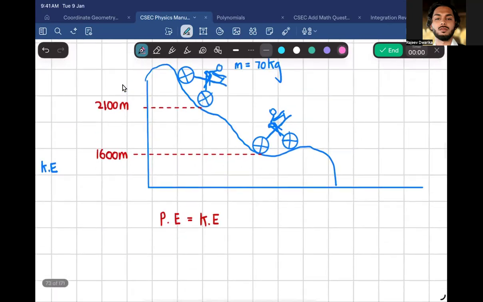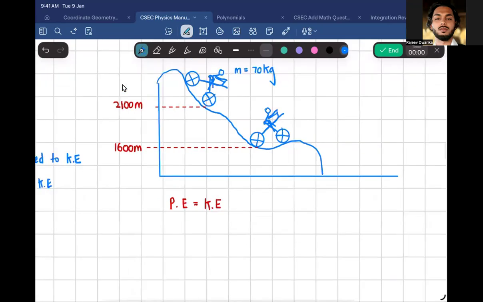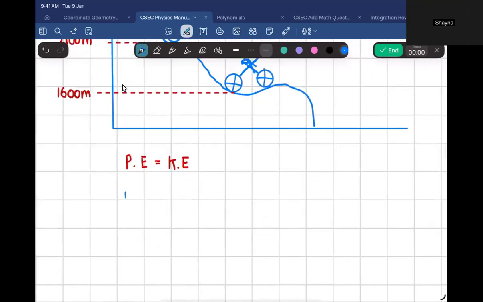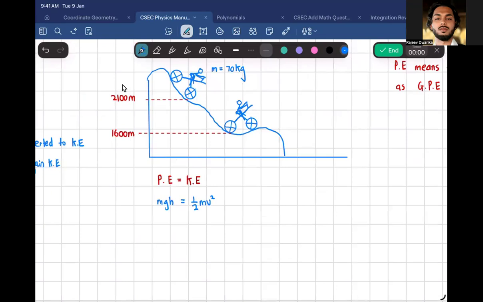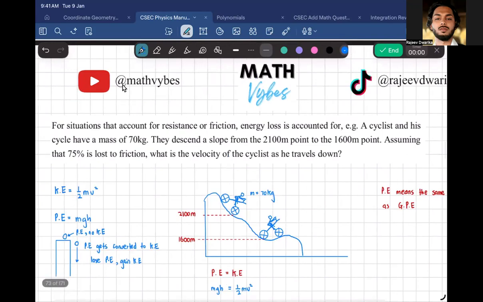All right, what's the formula for potential energy? We just wrote it: mass times gravity times height, and that would be equal to the kinetic energy, half mv squared. Now, in this question, Shina, they are saying that 75% is lost to friction.